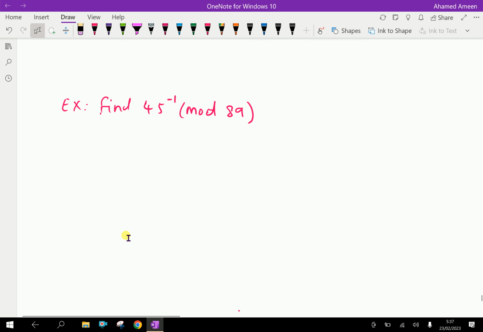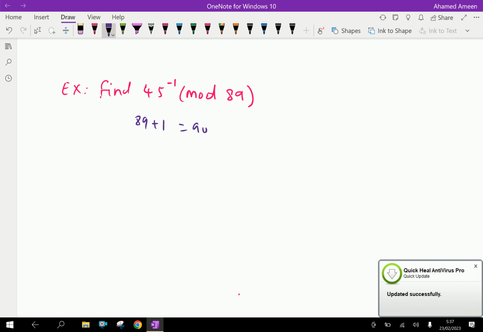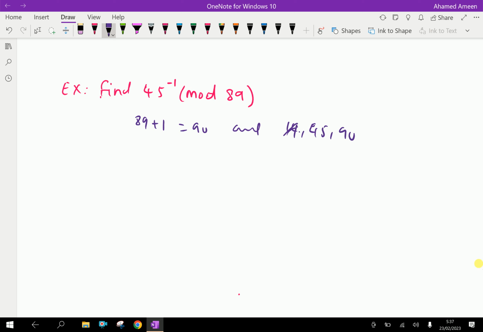Next question, 45 inverse mod 89. We take 89 and add 1, equal to 90. And we can say 45 and 90 are co-prime.